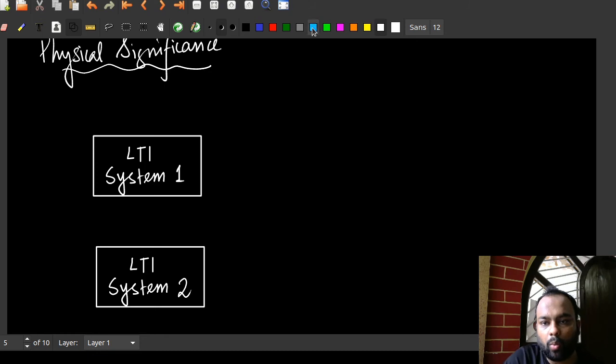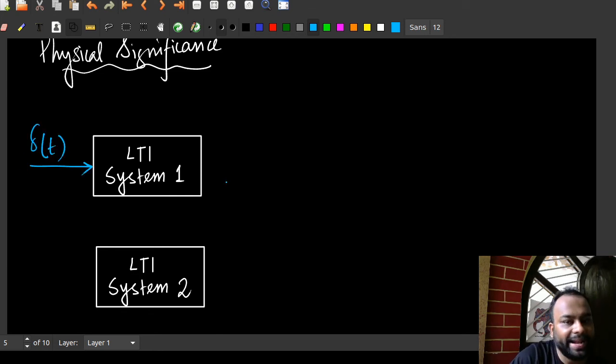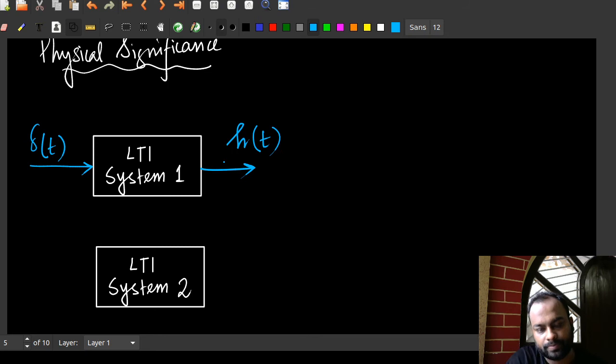So when I excite LTI system 1 with an impulse, I get the impulse response of LTI system 1. Imagine the impulse response is h(t), right?